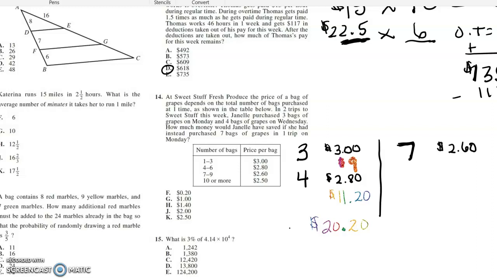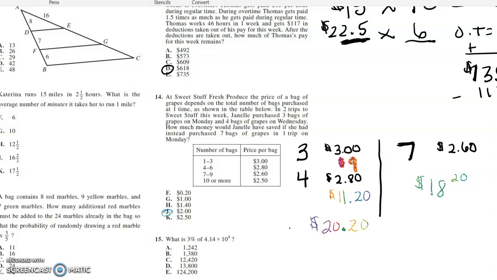We need to do $2.60 times 7, and she would have spent that day $18.20, right? So $20.20 minus $18.20 gives you $2, and that's how much she saved, or would have saved, if she would have done it from the very beginning.